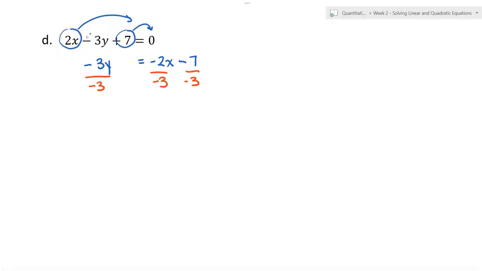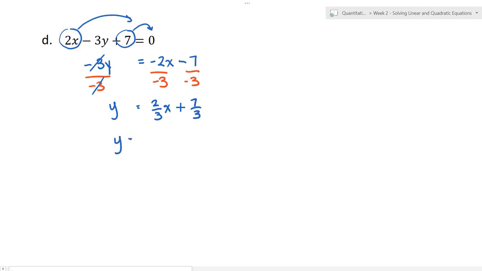And then simplify. So the negative 3s cancel out. I'm left with y equals, the negatives cancel out, so I'm just left with 2 over 3x plus 7 over 3. All right, so now I'm ready to substitute my value of 3 in for x.